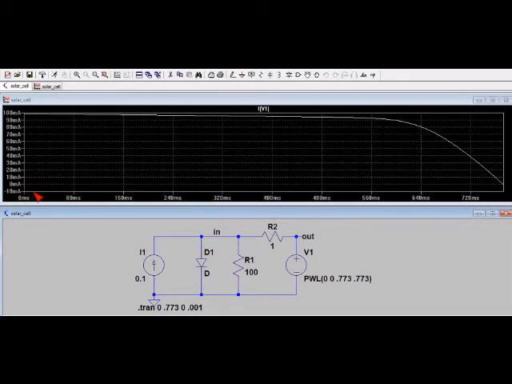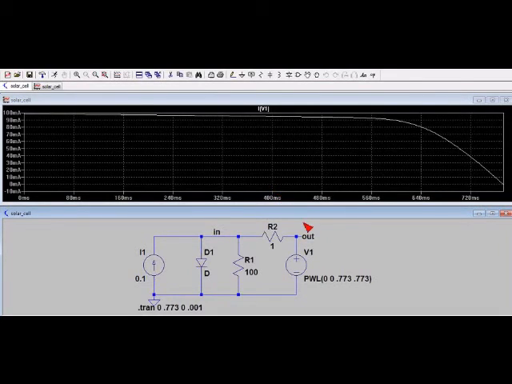Now this horizontal axis is a measure of voltage across the terminals of the solar cell. And here we have 720 millivolts, or 0.72 volts. Here we have 400 millivolts, or 0.4 volts.